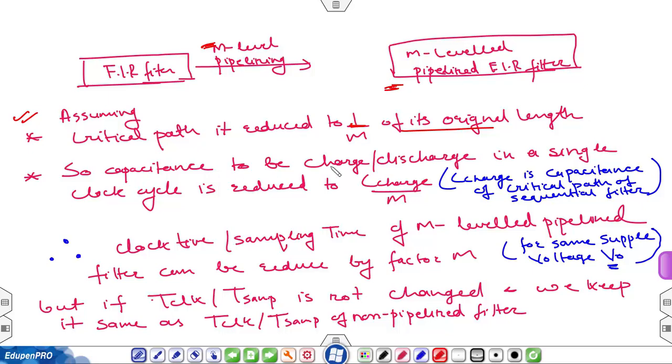the capacitance to be charged or discharged in a single clock cycle is reduced to C charge by M. Since the critical path of this system is reduced, suppose that the system is having two adders in series, so the capacitance of this path, let's say it is C, and now after performing two level pipelining, this system is independent and this is independent.